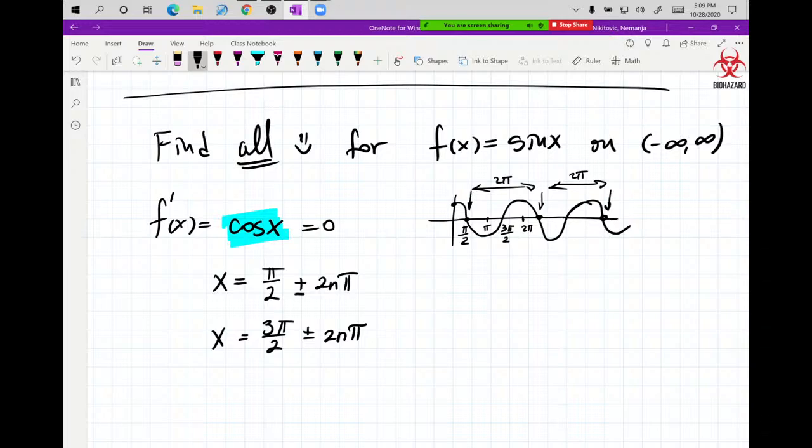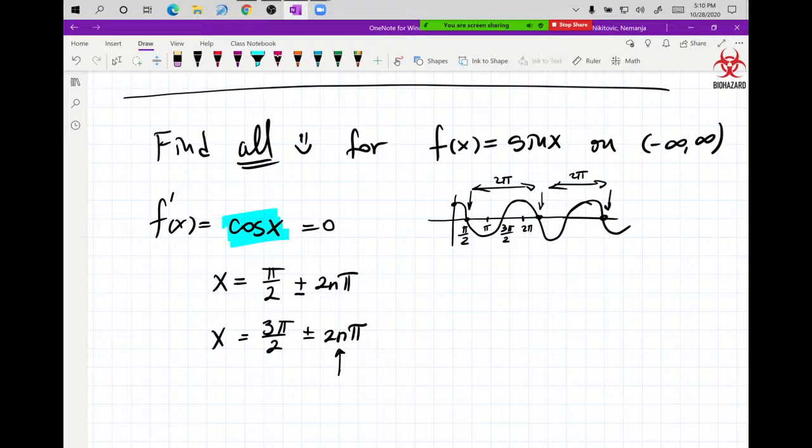And then how far out you want to go to look for your next 0 is this n counter. So you say that this is n times 2 pi, which is how many bumps you want to go at 2 pi intervals.